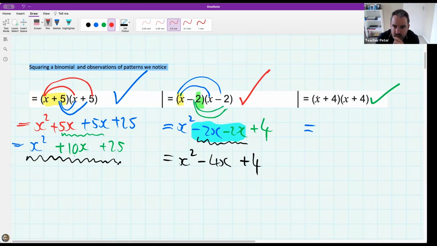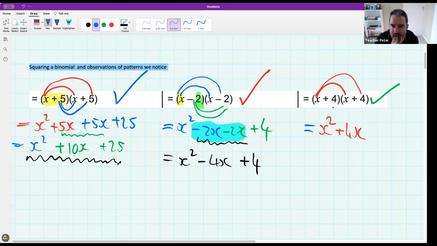Firstly, what I did, I multiplied the first x with the x from the other bracket, and then I multiplied the 4 from the first bracket with the other x. Yes. Okay.